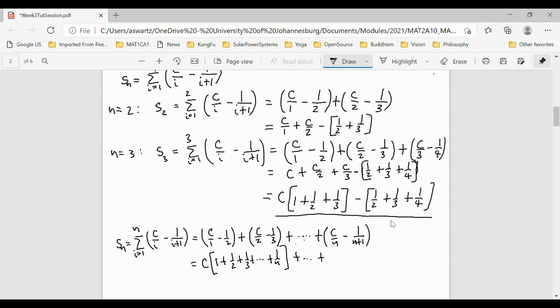Plus, now in this one I'm going to have, starting at the half, actually no, this is wrong. This bit is wrong. I'm going to have minus, now I'm going to have a half plus a third plus. The last term is going to be 1 over n plus 1.